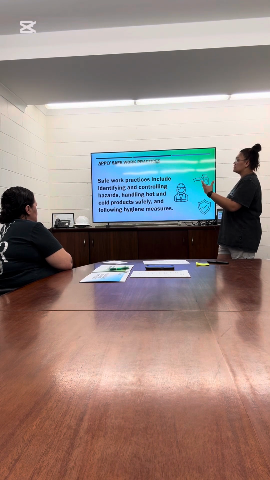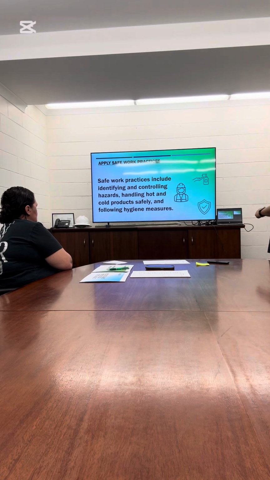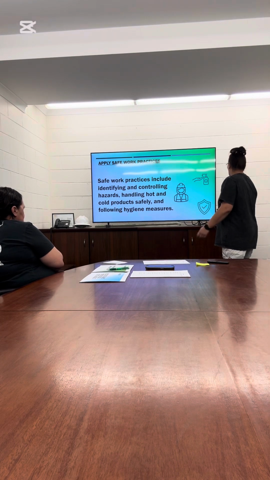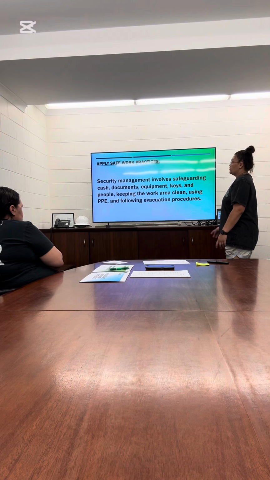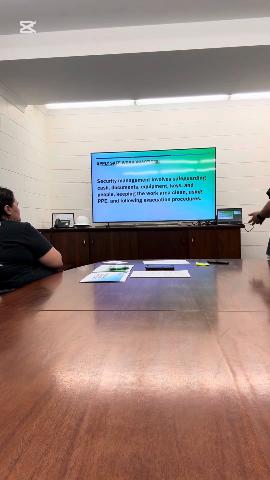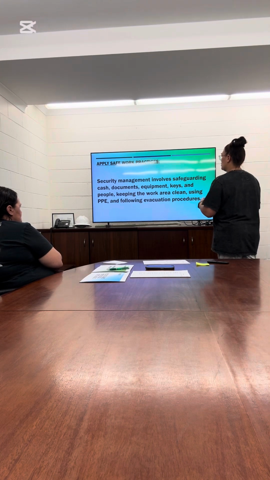Applying safe work practices includes identifying and controlling hazards, handling hot and cold products safely, and following hygiene measures. Security management is also involved, which means safeguarding cash, documents, equipment, keys, and people, keeping the work area clean, using PPE, and following evacuation procedures.